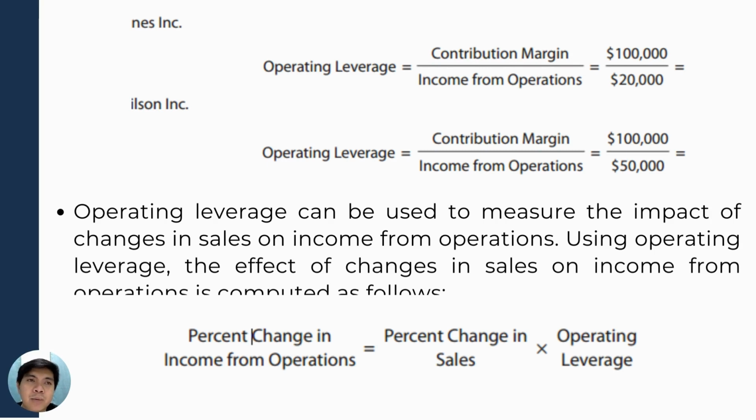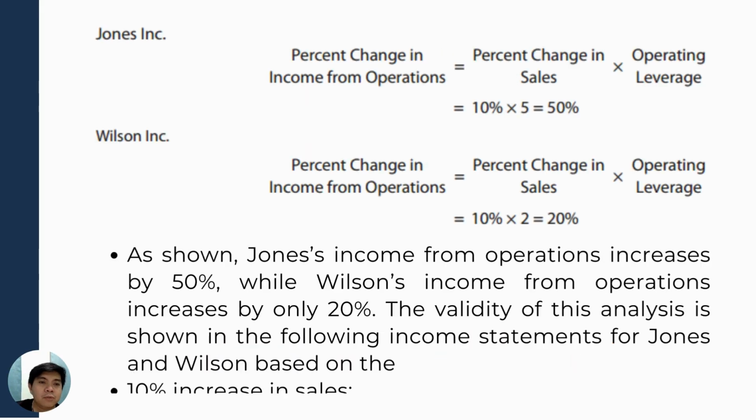To illustrate, assuming the sales increase by 10% or 40,000, so 400,000 times 10% for Jones and Wilson. The percent increase in income from operations for Jones and Wilson is computed as follows.